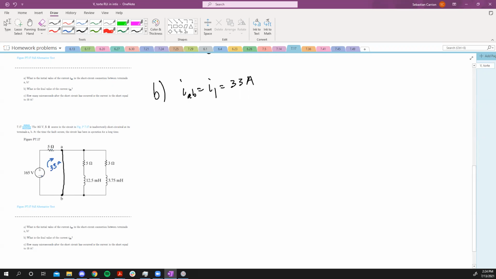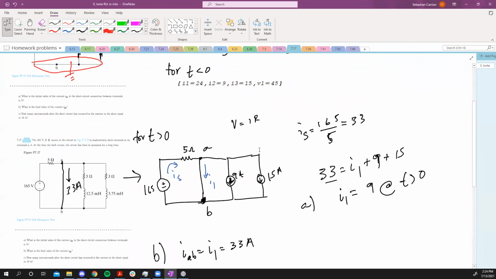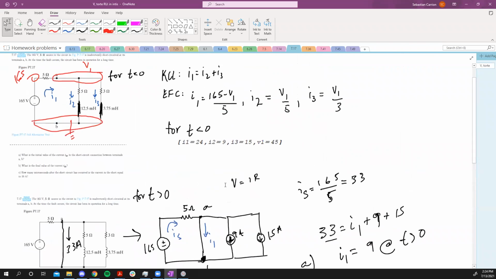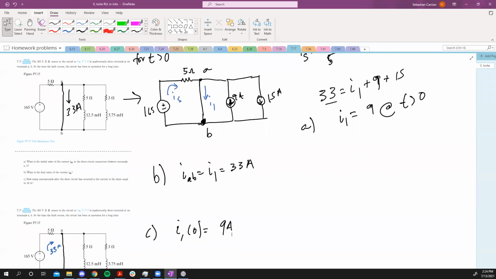Something to know here for C is that I1 at 0 is going to be 9 amps. Oh wait, no, not I1, I2.